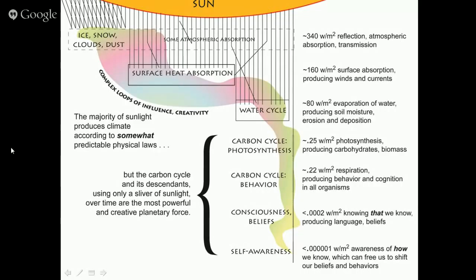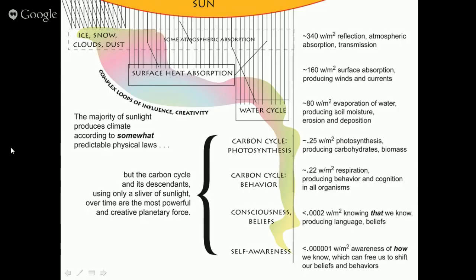This is a very brief outline of the levels of solar energy reaching the Earth, and very quickly we have about 1,800 horsepower per acre coming in at the top of the atmosphere. A third of that or so is reflected by ice, snow, clouds, and dust, with some atmospheric absorption.